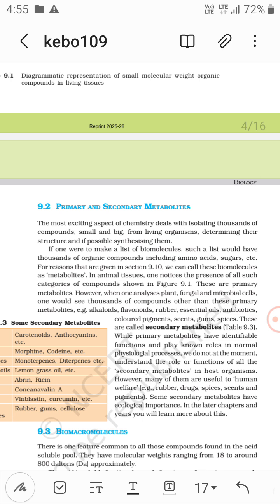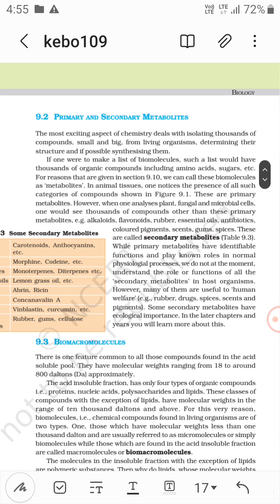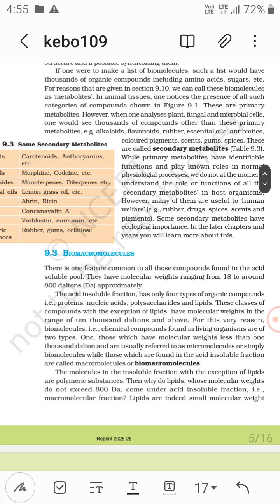But secondary metabolites like alkaloids, flavonoids, rubber, essential oil, antibiotics, colored pigments, scents, gums, spices, these are secondary metabolites, and we do not know their function in our body. Many of them are useful: rubber, drugs, spices, scents, and pigments. But some secondary metabolites have ecological importance, right?